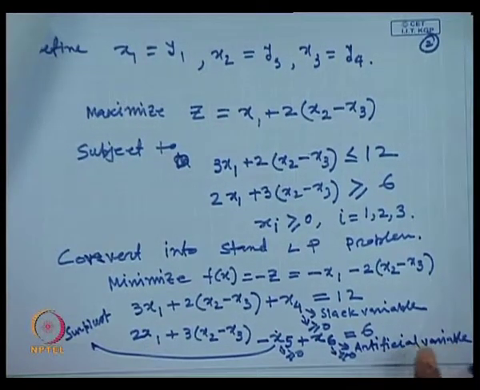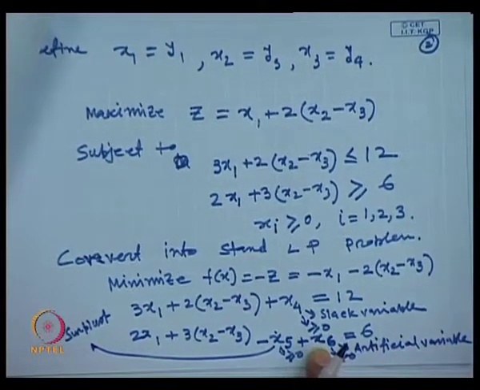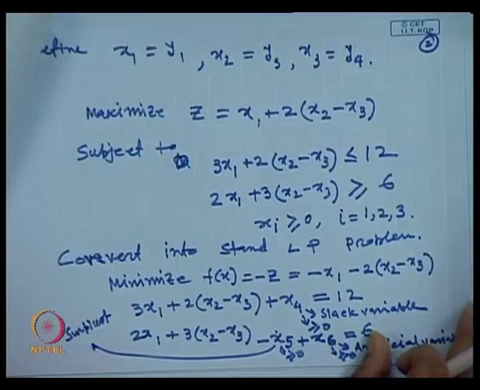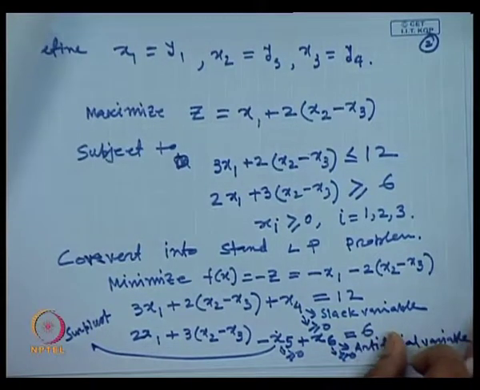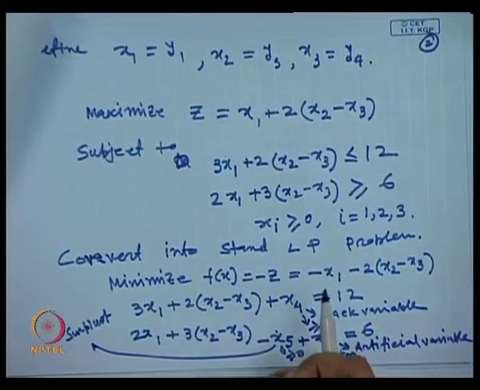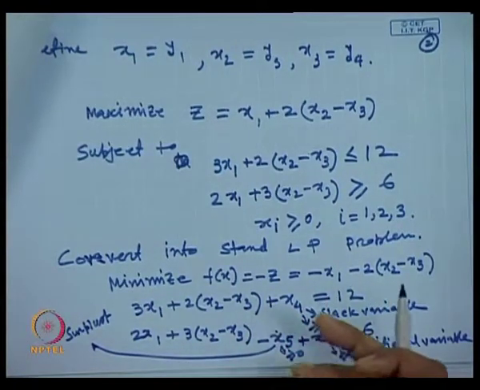This artificial variable is x 6 in our case, and that artificial variable we have to minimize. That means we consider the artificial variable x 6 as w, and simultaneously you have to minimize two objective functions.